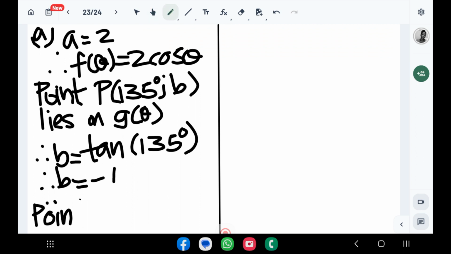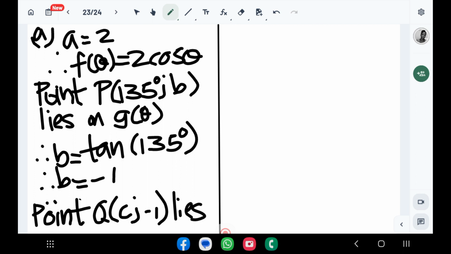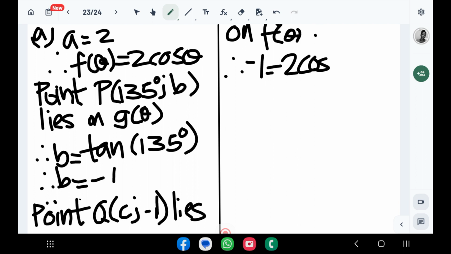Point Q (c, -1) lies on f of theta, which is the cosine graph. And we know f of theta equals 2 cos theta. Therefore, the y coordinate, which is -1, equals 2 cos of the angle, which is c.